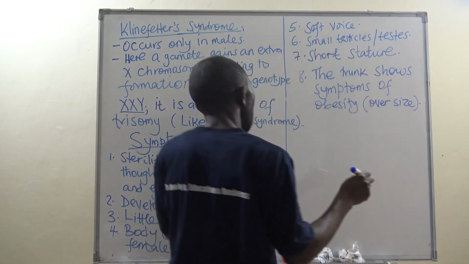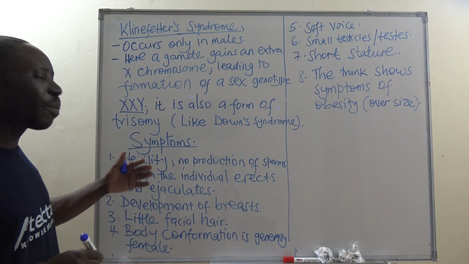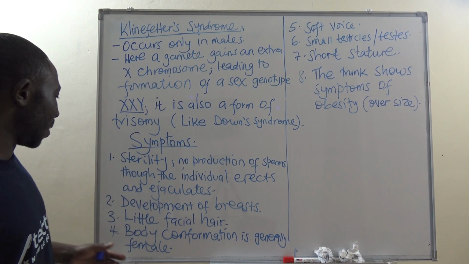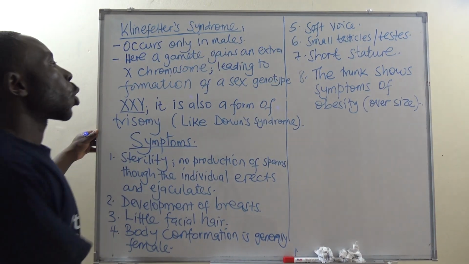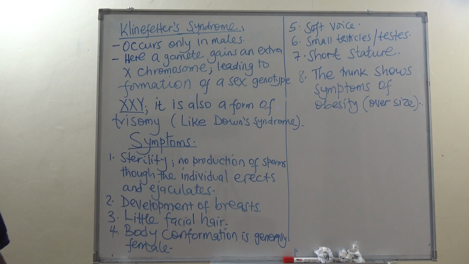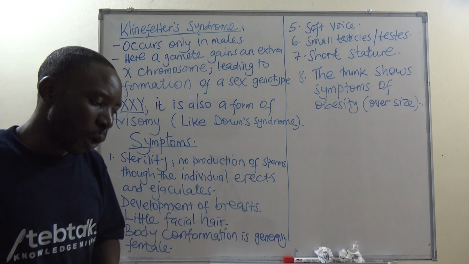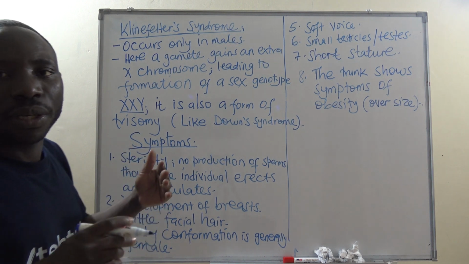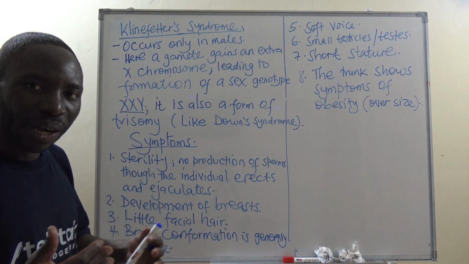That's what we call obesity. The trunk shows symptoms of obesity. So, dear members, those are the symptoms of a condition called Klinefelter's syndrome. Of course, let us meet in the next video where we will be discussing what we call Turner's syndrome.